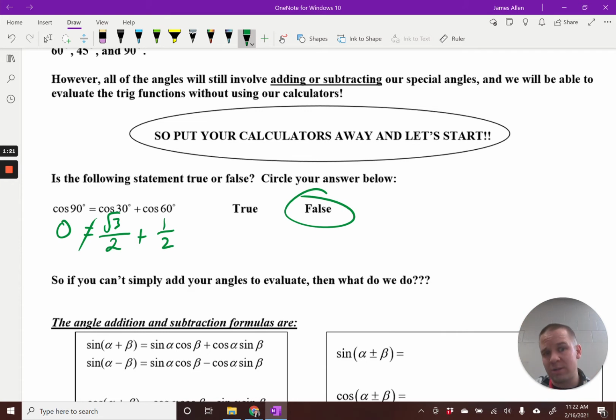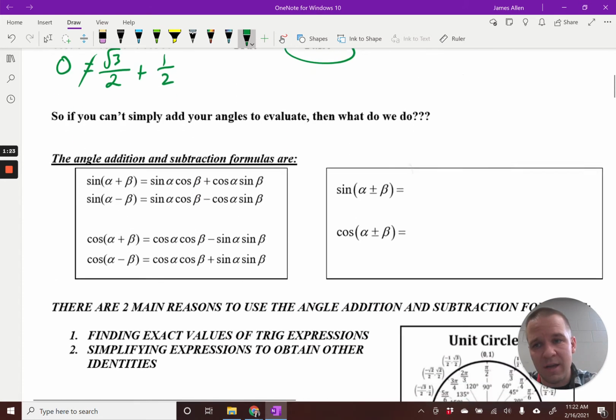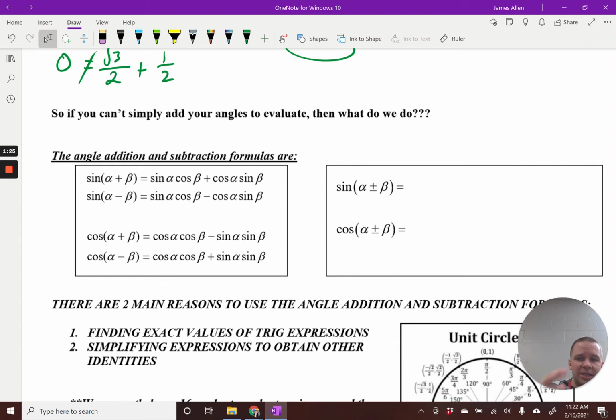So what the heck do we do then? Well, let's take a look down here. The angle addition and subtraction formulas are as follows. For sine of alpha plus beta, I would have sine of alpha cosine of beta plus cosine of alpha sine of beta, and then it switches to subtraction in the second one.